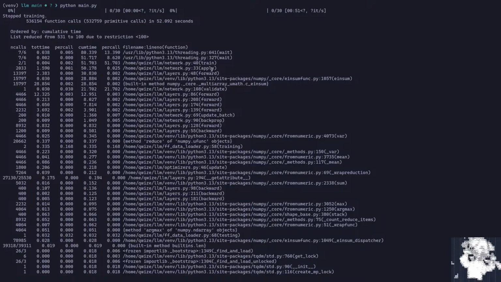So we're spending most of our time in apply. We're also spending a lot of time waiting. I don't know how to read this though. Update batch is not spending a lot of time at all. All the time's being spent in apply.